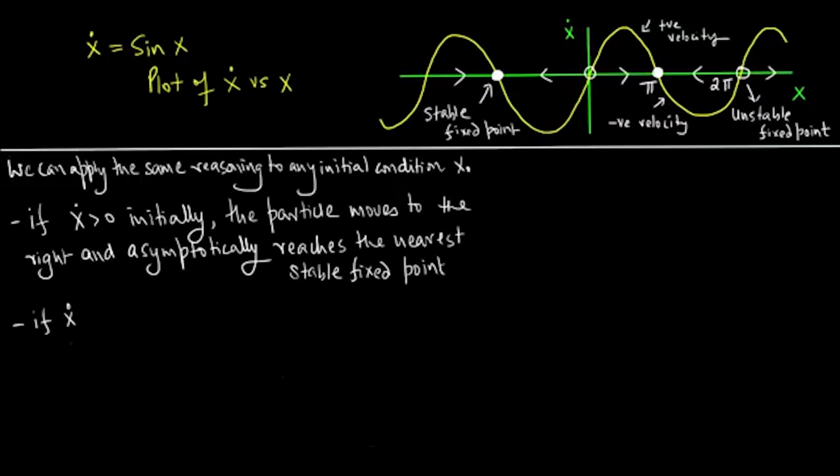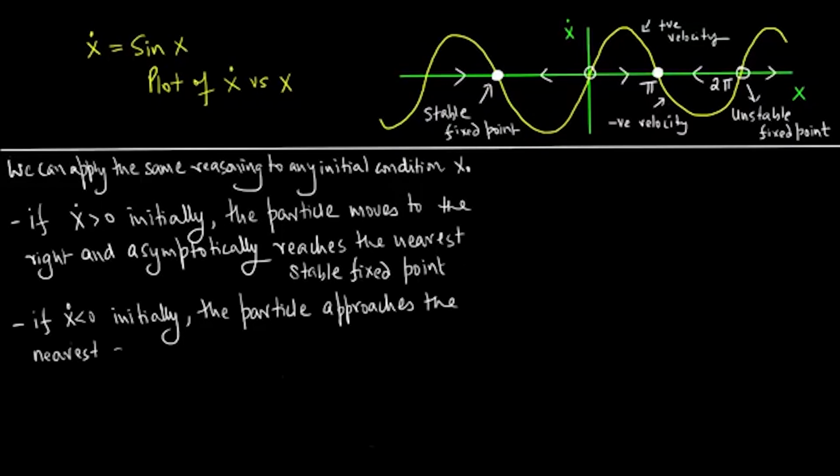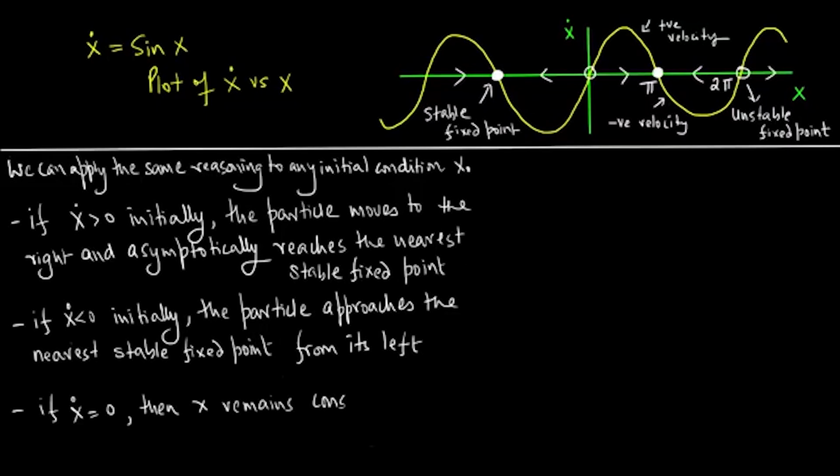If x dot is less than 0 initially, the particle approaches the nearest stable fixed point from its left. And if x dot is equal to 0, then x remains constant.